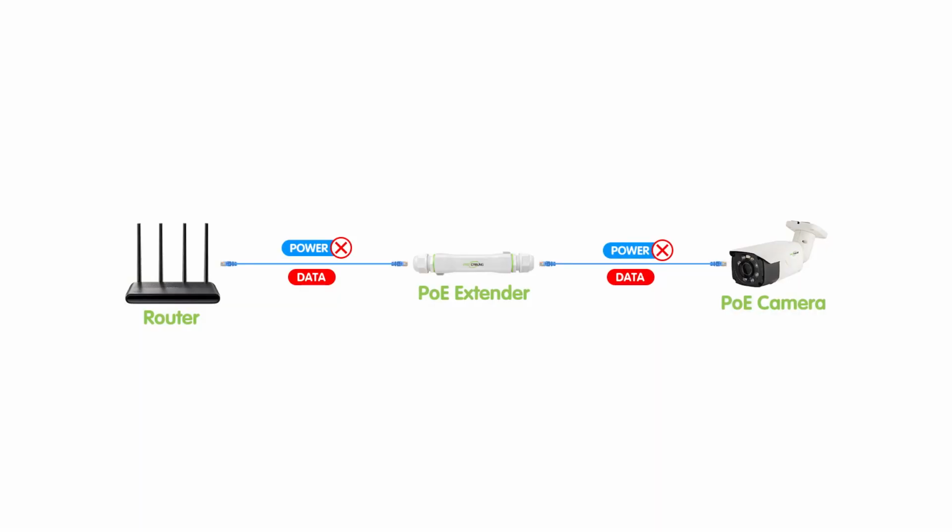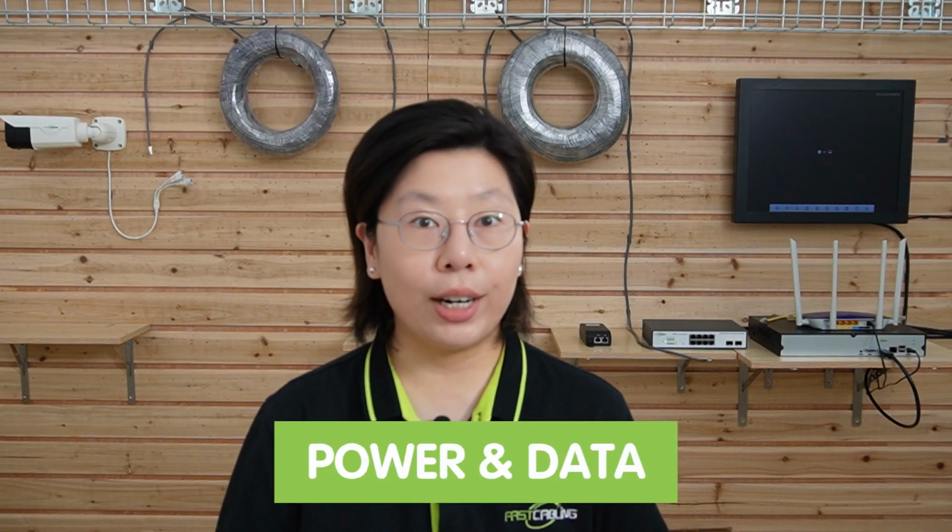If users directly connect the PoE extender to a router or Ethernet switch, which can only supply data but not power. To address this, PoE switches and injectors step in, supplying power and data to PoE extension devices. And these components form the backbone, ensuring the smooth flow of information within the network.